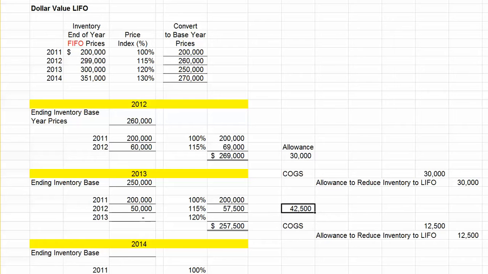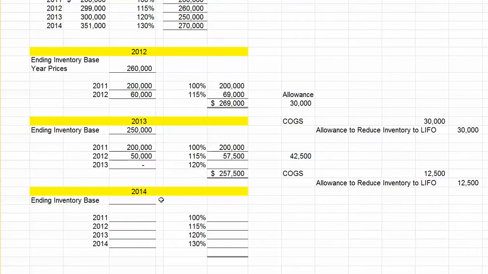Let's move on to 2014. In 2014, in base year prices, our inventory is worth $270,000. Let's go ahead and work through our calculations for 2014. So $270,000 in base year prices.